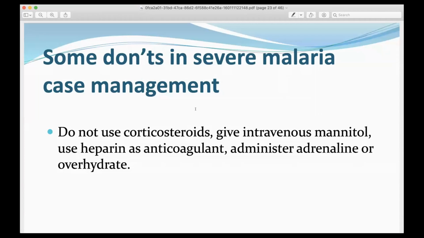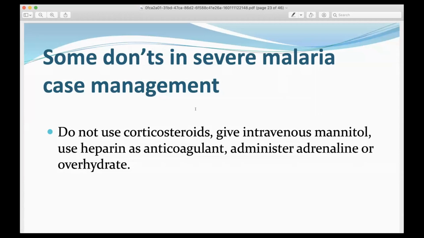So corticosteroid you absolutely don't give, and don't use anticoagulant. There is a chance of bleeding risk because it is a complicated case.